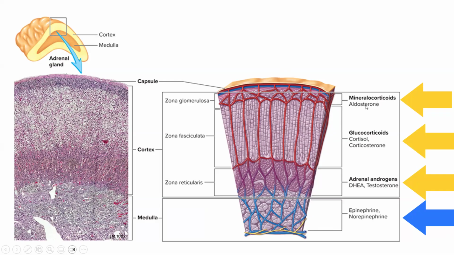Aldosterone is the primary one we'll talk about there. We have the zona fasciculata that releases the glucocorticoids. Cortisol is our stress hormone we'll talk about. It also has corticosterone. And then closest to the medulla, the zona reticularis has our adrenal androgens, DHEA and testosterone. We'll talk about that a bit more.